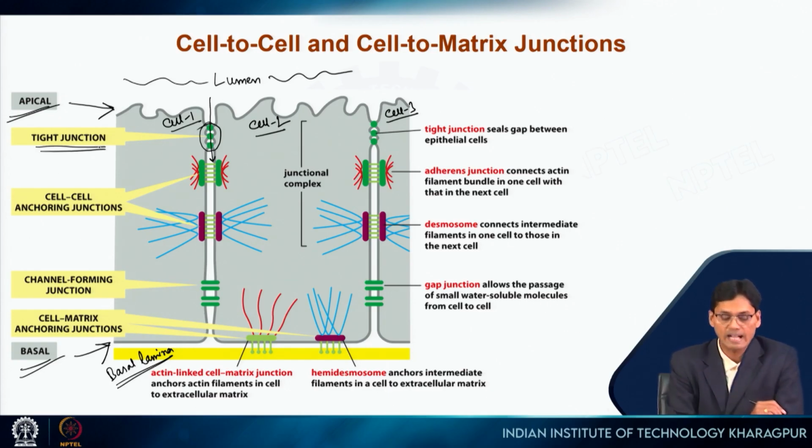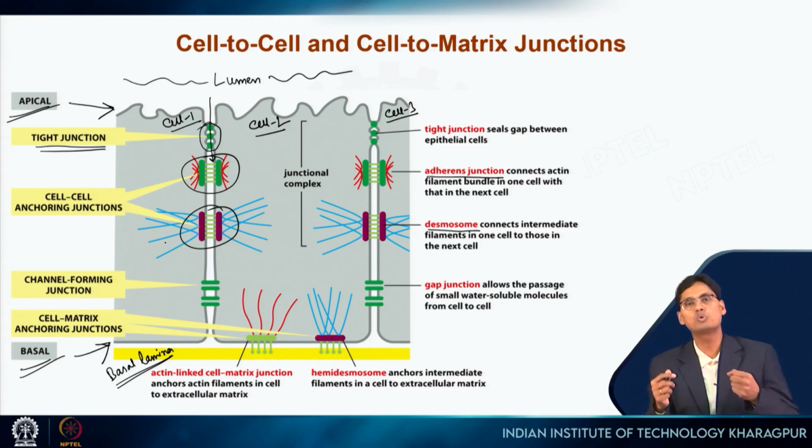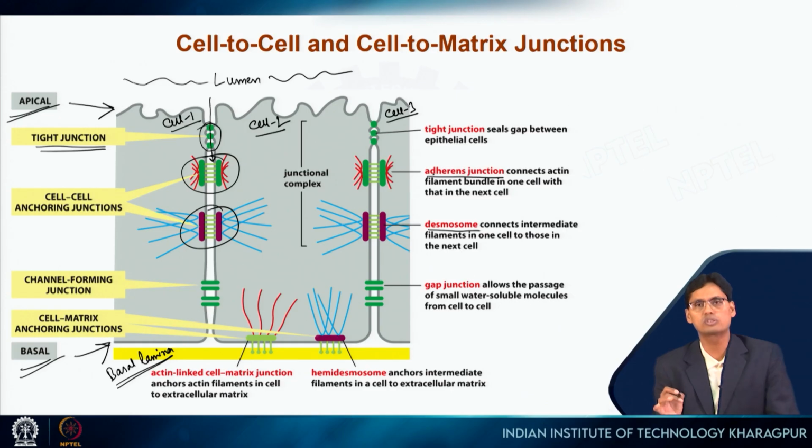Followed by that, we have two different types of junction: the adherens junction, this one, and the desmosome, this one. Together, adherens junction and desmosome are called cell-to-cell anchoring junctions. They anchor two cells together. In the adherens junction, some proteins are involved, which I will discuss in more detail soon.